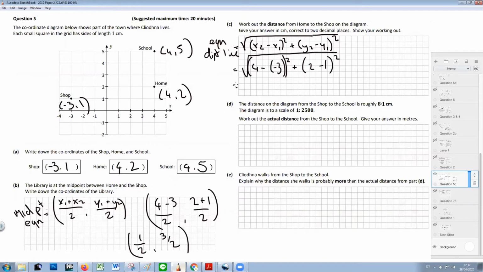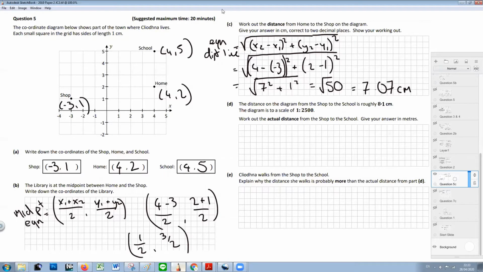This ends up being 7 squared plus 1 squared, all under the square root. And that's going to end up being the square root of 50, which equals 7.07 centimeters. So that's that bit done.